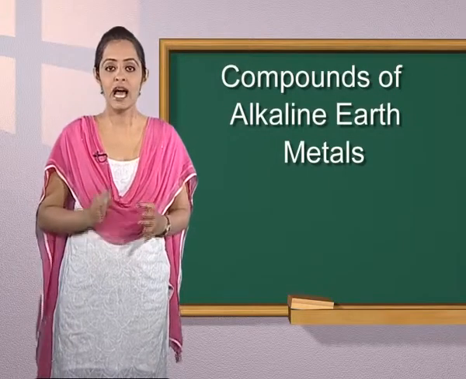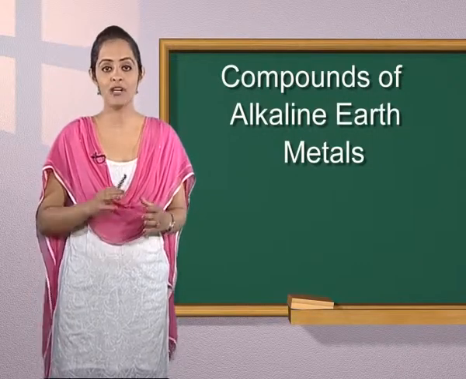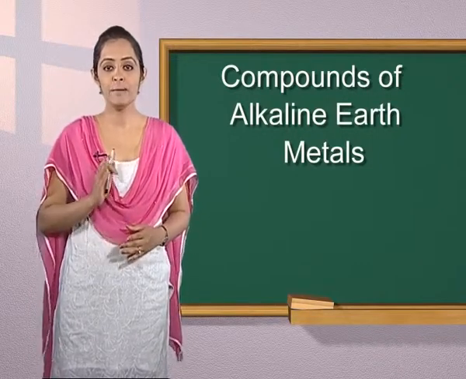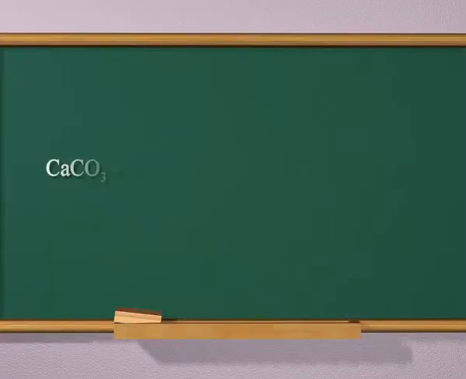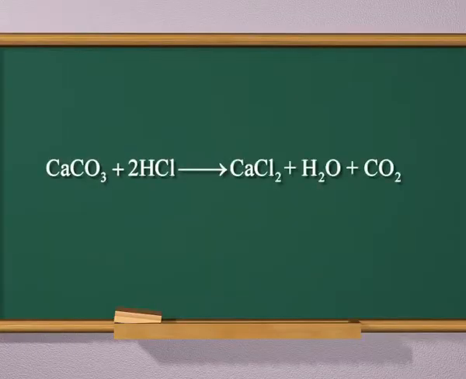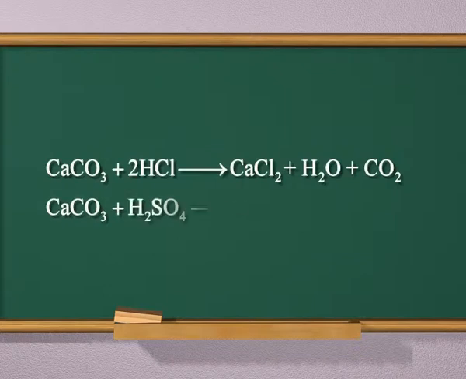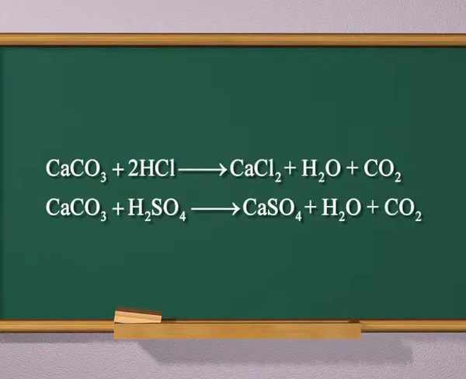It liberates carbon dioxide on reacting with dilute mineral acids. Calcium carbonate, upon reacting with dilute hydrochloric acid, forms calcium chloride, water, and carbon dioxide. Calcium carbonate, upon reacting with dilute sulfuric acid, forms calcium sulfate, water, and carbon dioxide.